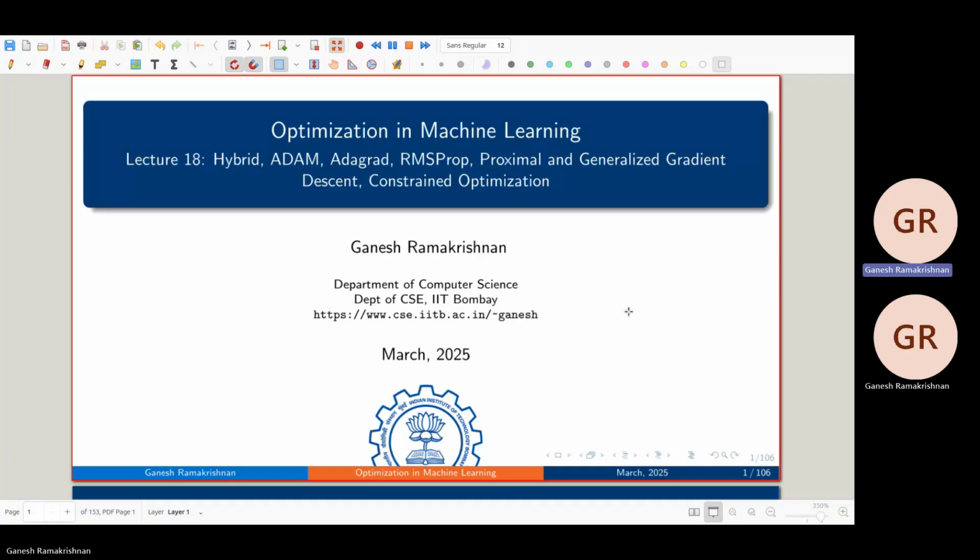And this fresh gradient was the stochastic one. Right, so that was one variant, but we'll see more today.